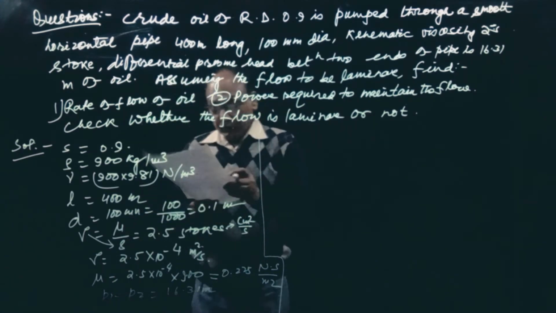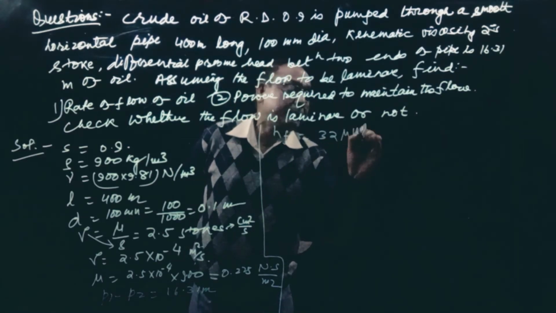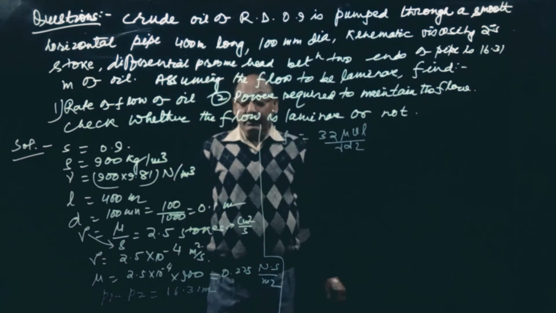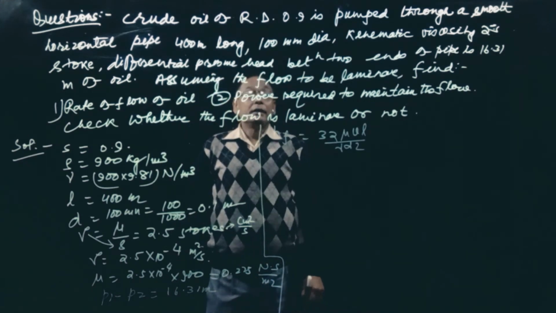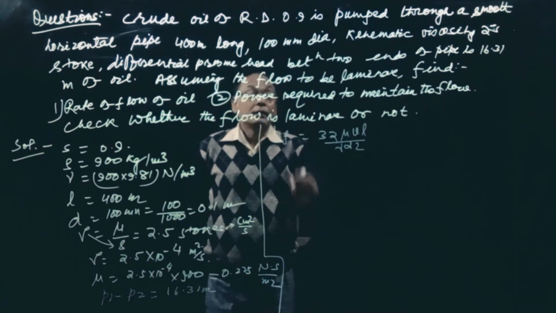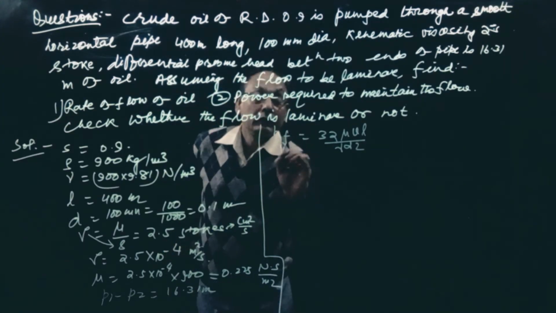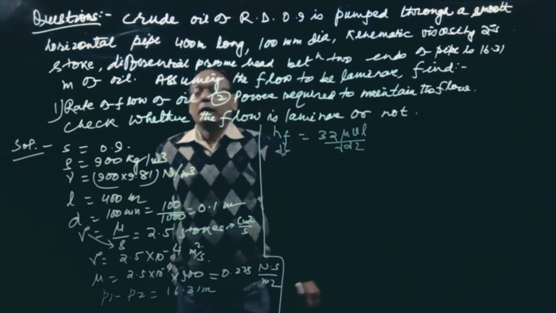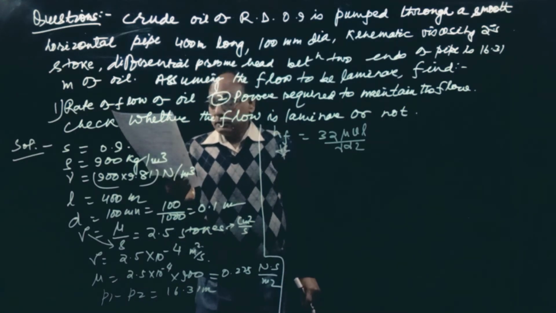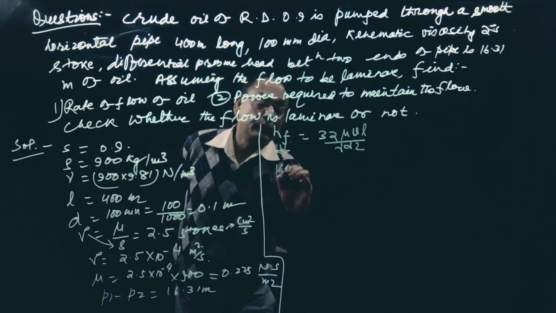First of all, the equation hf is equal to 32 mu V L by gamma d square. This is the Hagen-Poiseuille equation.